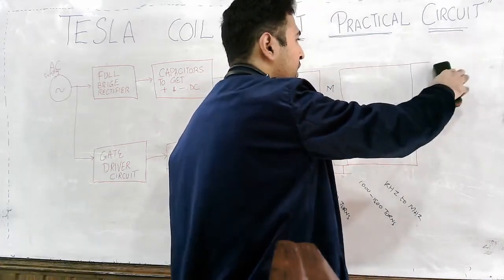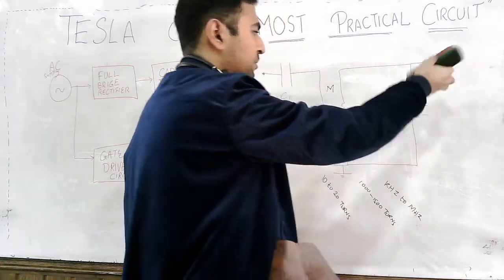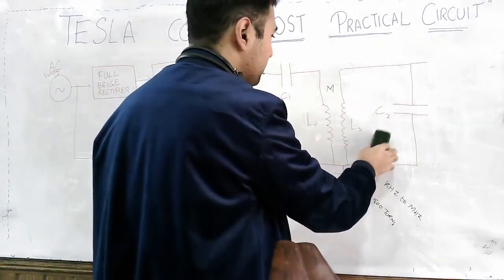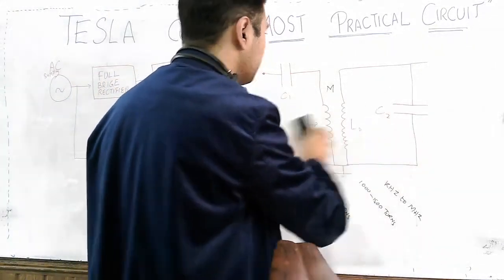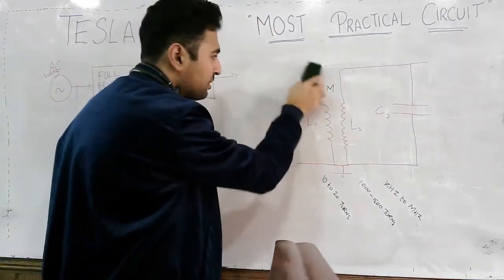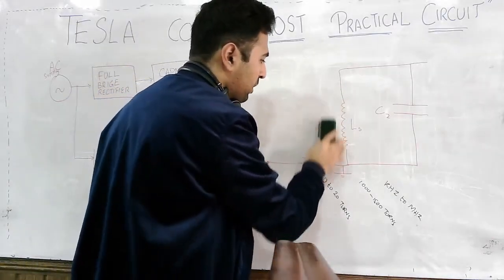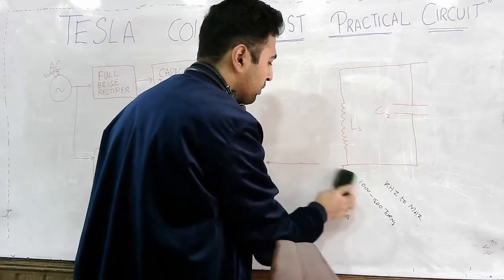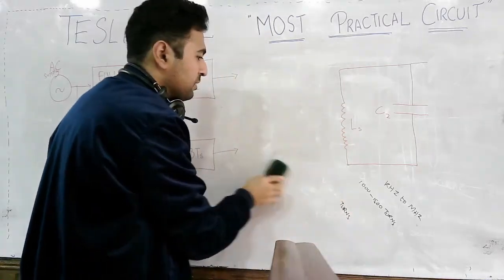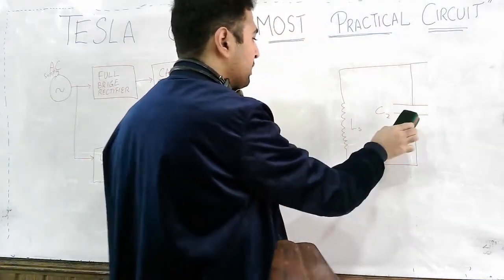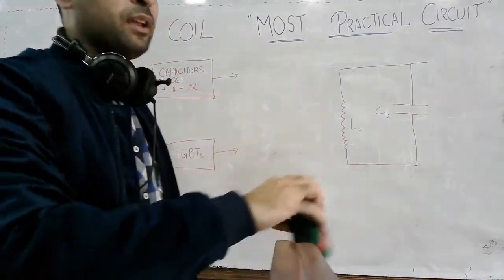So we are going to ignore this for a moment, and first let's understand what's happening on the secondary side. I am also removing this for a moment, because I want to explain what's going on here on the secondary side. So what we are left with is the capacitor and an inductor.